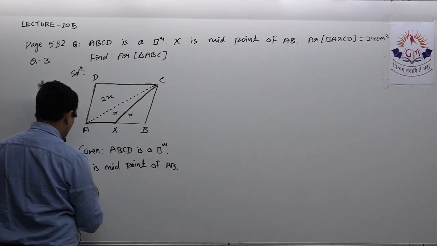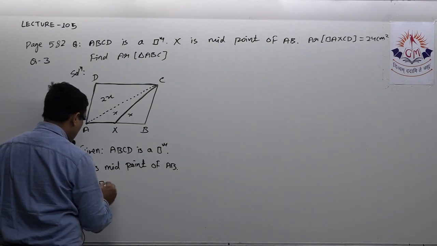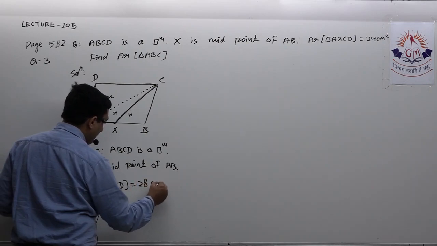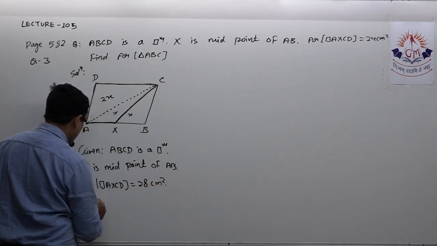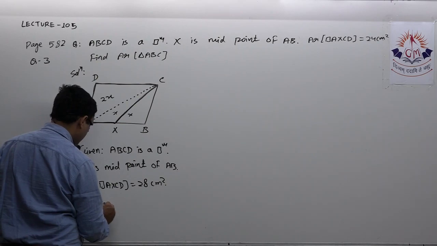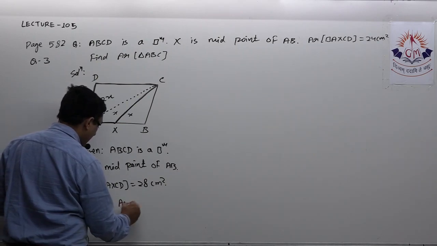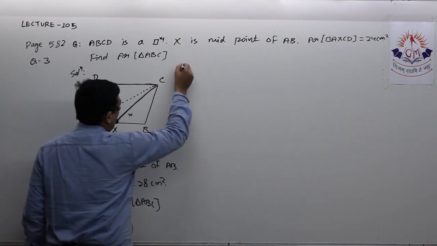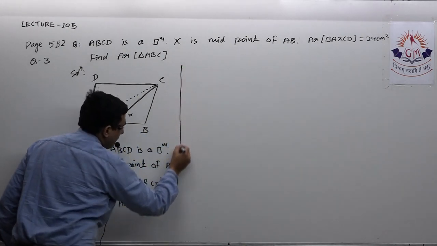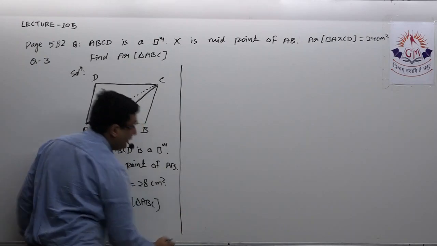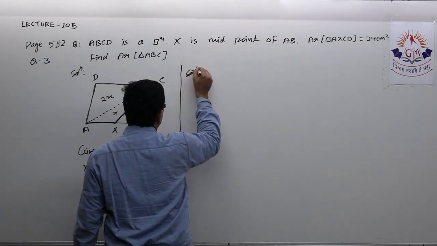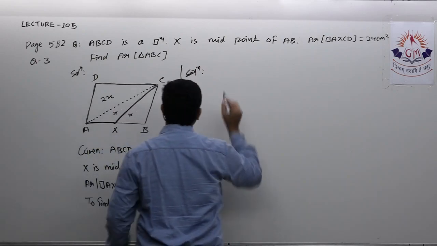Also given area of quadrilateral AXCD is 24 centimeter square. To find area of triangle ABC. See, generally you will get this type of question in the MCQ part, then it is very easy to calculate. We can calculate it orally. But how to write for the subjective part, that I am giving you.